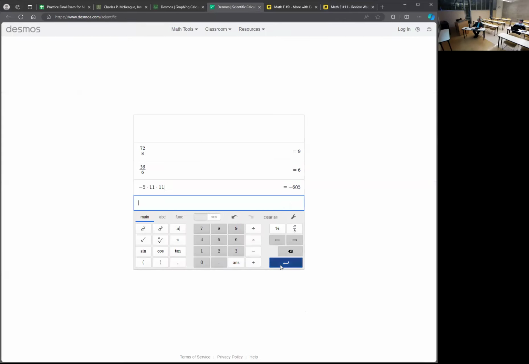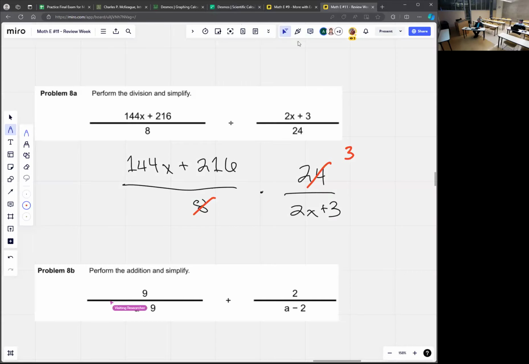Let me check. What is 72 times 3? 216. So yes, this is actually 72 times 2x plus 3. So then the 2x plus 3's will also cancel, and all I wind up with is 72.